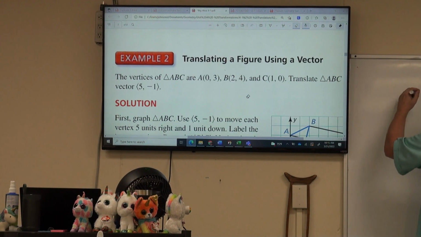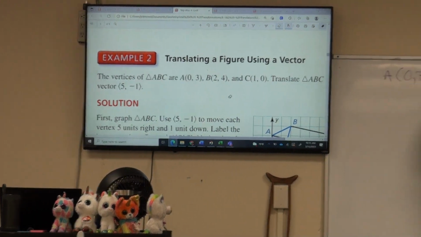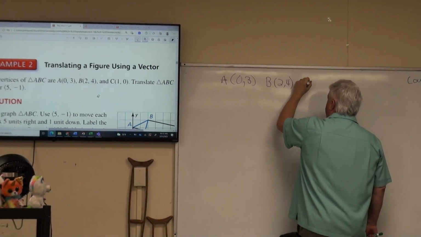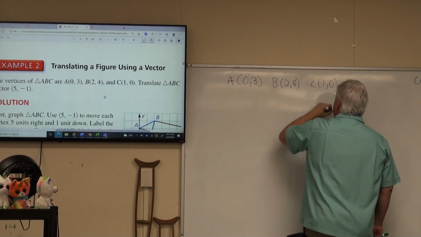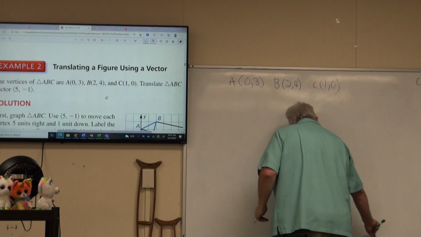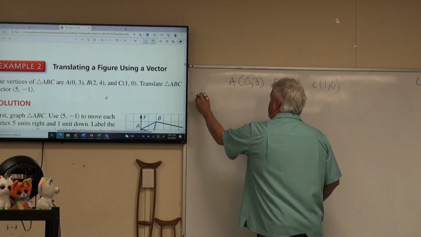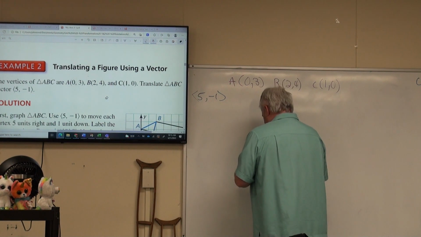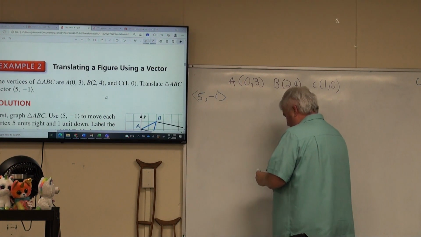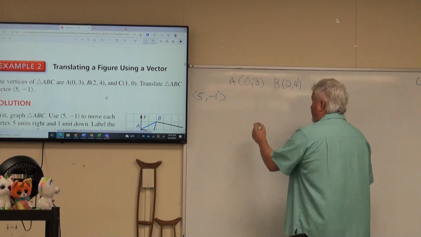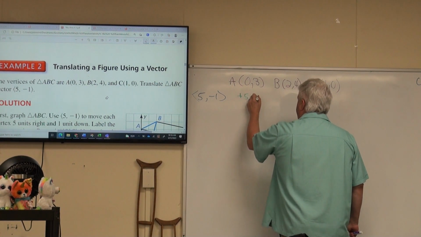So in triangle ABC, we have our point A, which is 0, 3. We have point B, which is 2, 4. And point C is 1, 0. Our vector rule is 5, -1. Right? That's our translation. So, if you want to know the coordinates ahead of time to make it easier to graph, you just do the simple math. +5, -1.